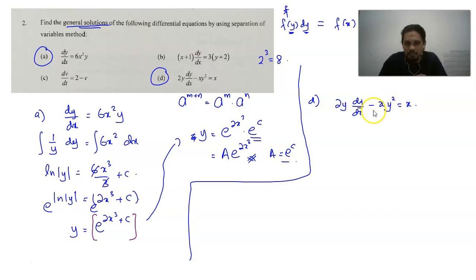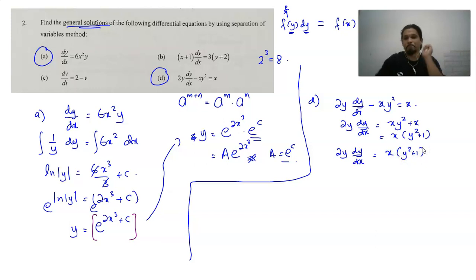Which I think that we bring this negative xy squared to the other side, so 2y dy/dx equals positive xy squared plus x, which is also equal to factorizing x, and we got x(y squared plus 1). So 2y dy/dx, okay, again 2y dy/dx equals x(y squared plus 1).